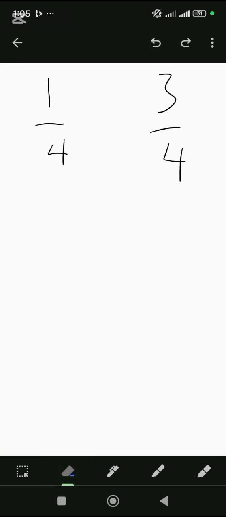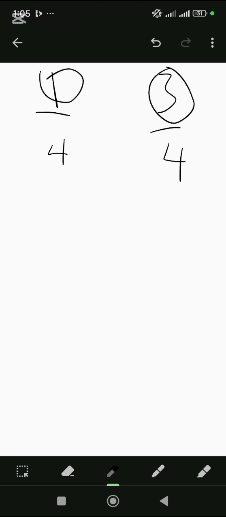And so we can simply look at what we have at the numerator at the top to compare. And when we look at the top here, we can clearly see that 1 is less than 3. And so in this case, we say that 1/4 is less than 3/4 as a fraction.